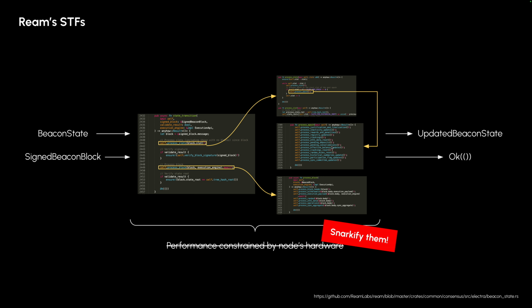That's the objective of why the Beam chain is looking into zkVMs, because we want to snarkify this entire state transition function.